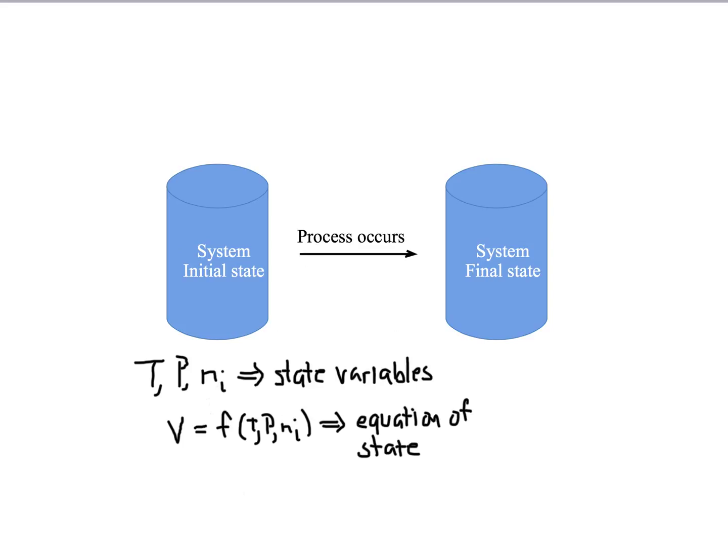One well-known equation of state, which you've already encountered in your studies, is the ideal gas equation of state, which describes how the volume is dependent on the number of moles, the temperature, and the pressure of an ideal gas.